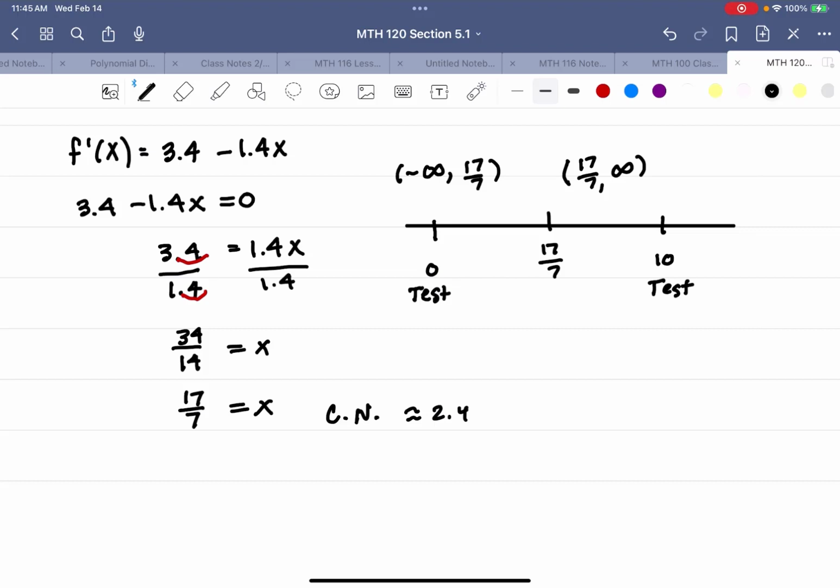So inside my derivative, I need to do f prime of 0. So that's 3.4 minus 1.4 times 0. That's 3.4 minus 0 is 3.4. So the derivative is positive on the left-hand side. That means the function is increasing here.